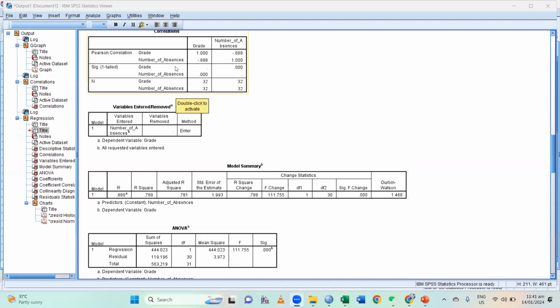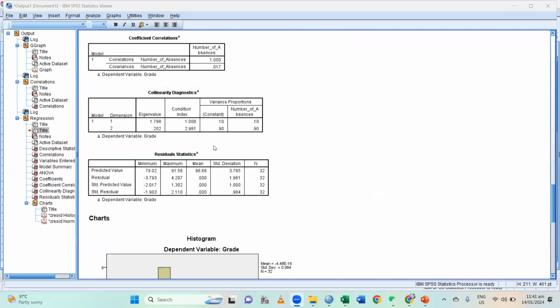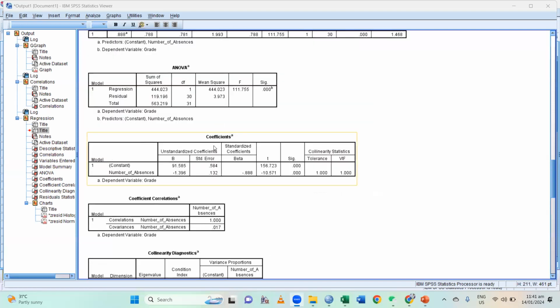That's why always go back to your Pearson correlation, or go to the bottom. For example, here, take a look at the coefficients, look at the unstandardized coefficients, look at the beta of the unstandardized coefficients. So you see it's negative here, the slope for the number of absences.